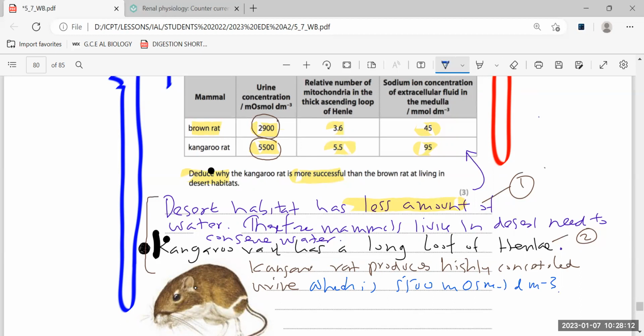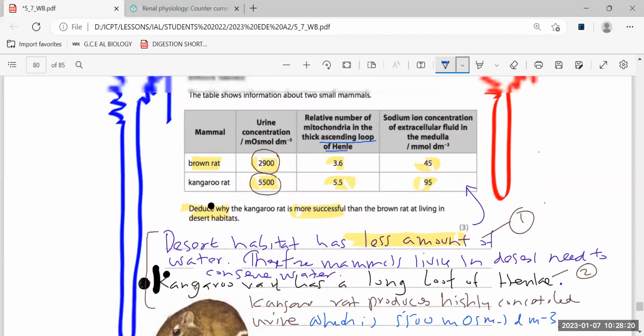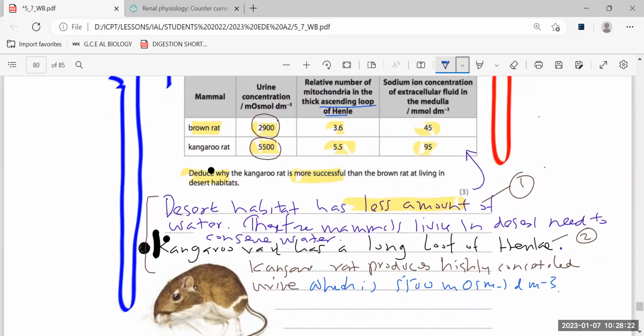Then we can write about the ascending loop of Henle. I told you the ascending loop of Henle can pump sodium and chloride ions by active transport. Active transport needs energy, ATP, produced by mitochondria. Now it has a high amount of mitochondria.